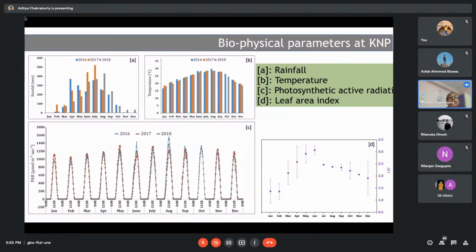Because of these two environmental conditions, this is the time when the plants grow at a very fast rate. And Kaziranga has a huge amount of biodiversity, with more than 2,000 rhinos and probably more than 2,000 elephants. They live mainly on wild grasses.